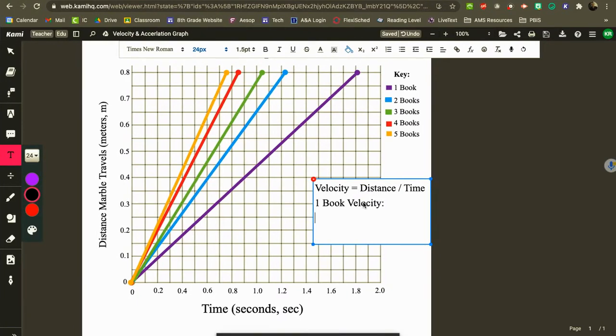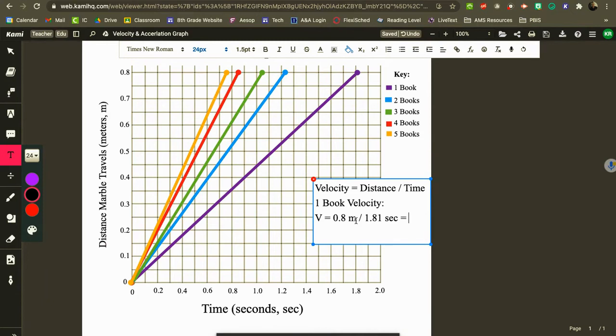So to find the velocity for this, I'm going to put v is equal to the distance, 0.8 meters, divided by 1.81 seconds.